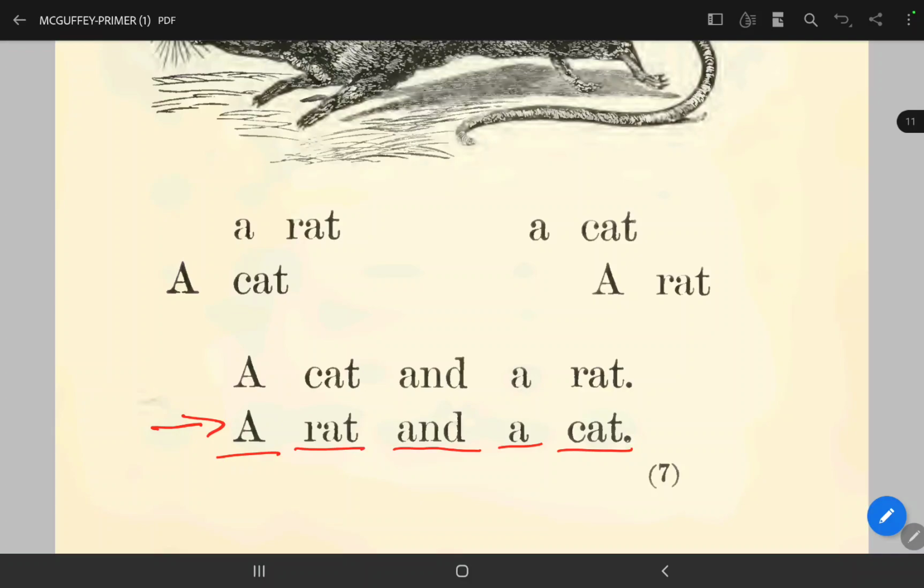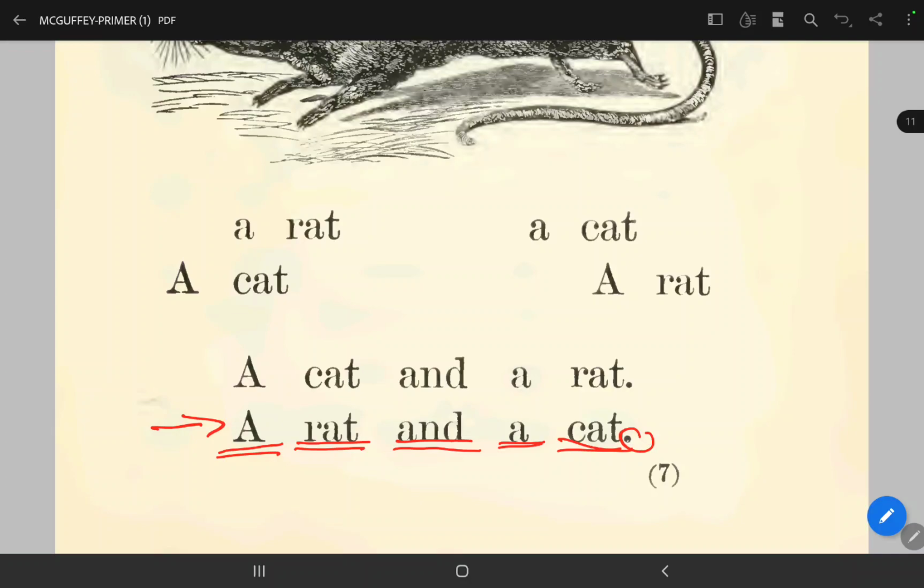C says K, and the English short A, ca. Then add the classical T, cat. A rat and a cat. And at the end you have a dot, which is a period. That means the sentence has come to an end.